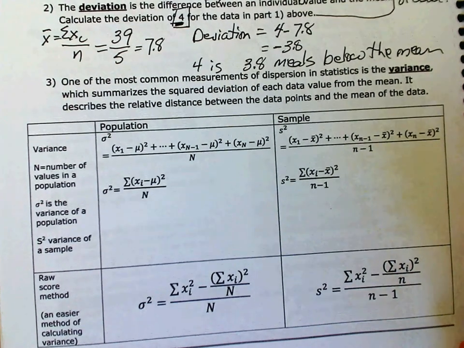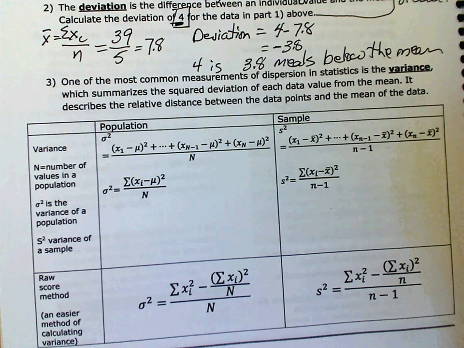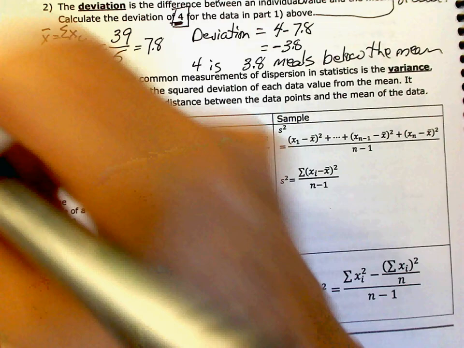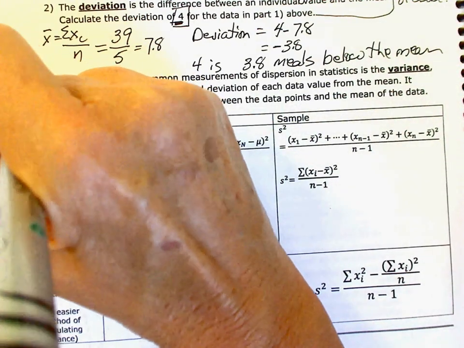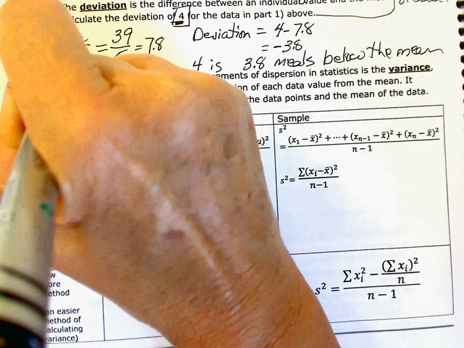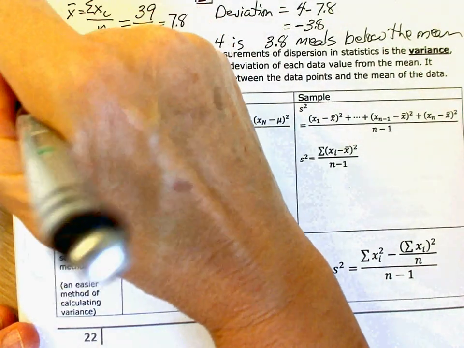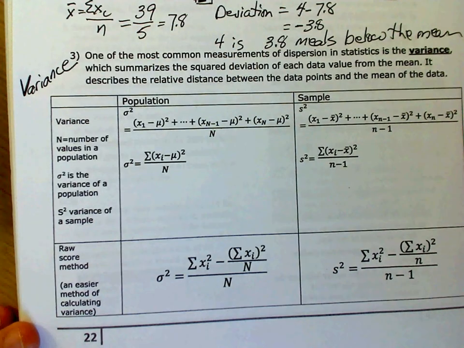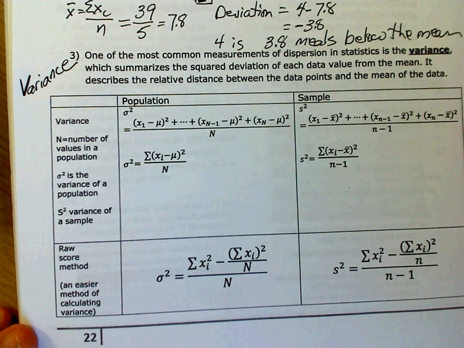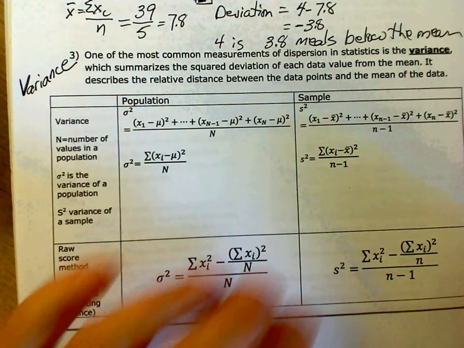Right now we are going to do variance. In all honesty, I don't know where they use variance. Maybe in some higher level statistics courses they use variance someplace, but the only place I know where they use it is to calculate the standard deviation.